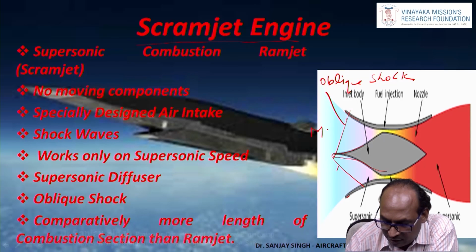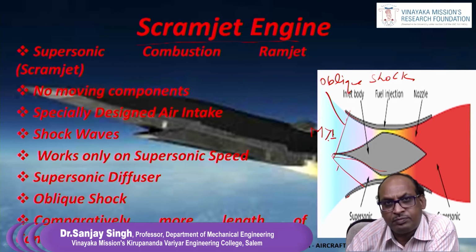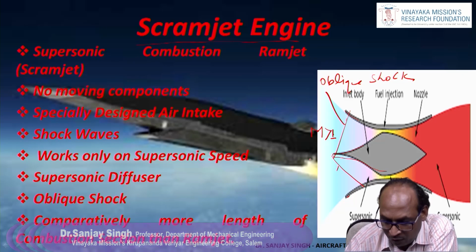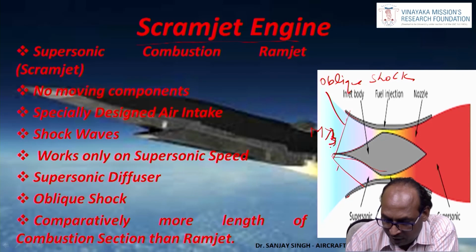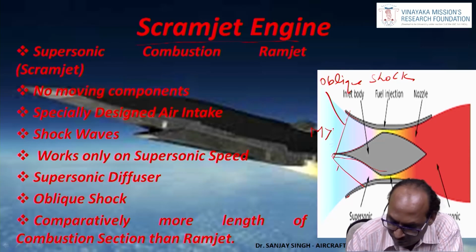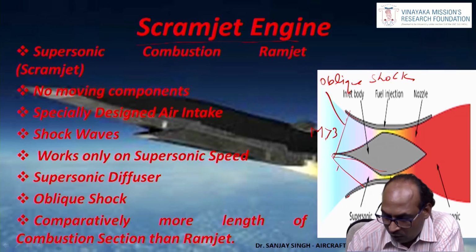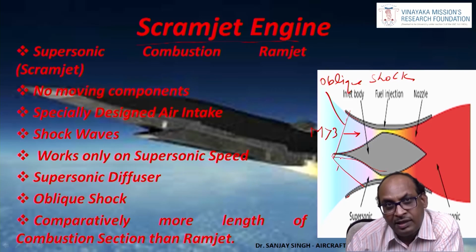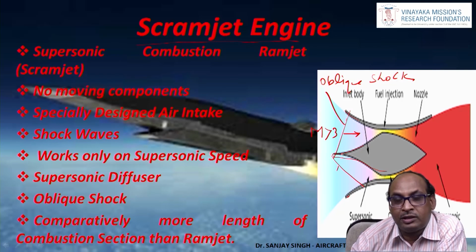Before the oblique shock, the speed of airflow, let it be suppose Mach 3. Now after the oblique shock, yes, there will be a reduction of speed, but it will not be subsonic.